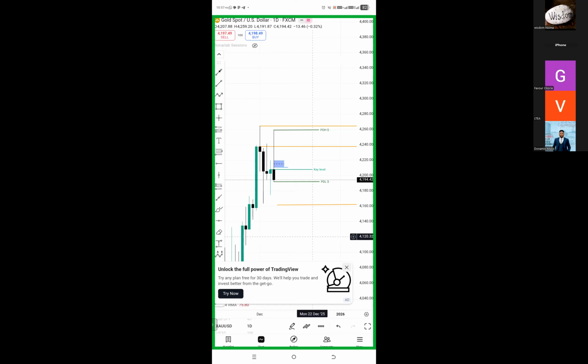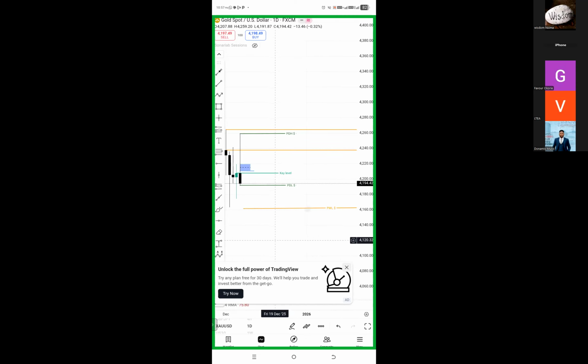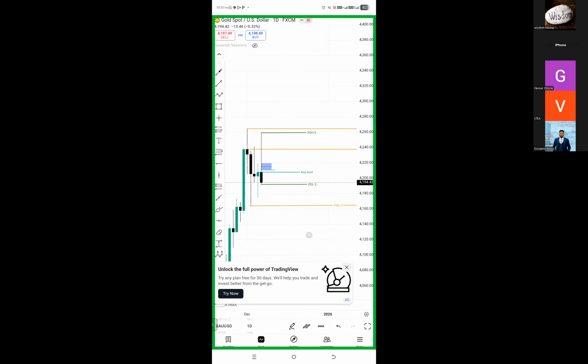Those are your major liquidity. I know there might be days we take out the low, come back up, then go back down again. It's possible, but we might sell down first, take out some lows as liquidity, then buy up into some point of interest before selling again. It could be possible like that.